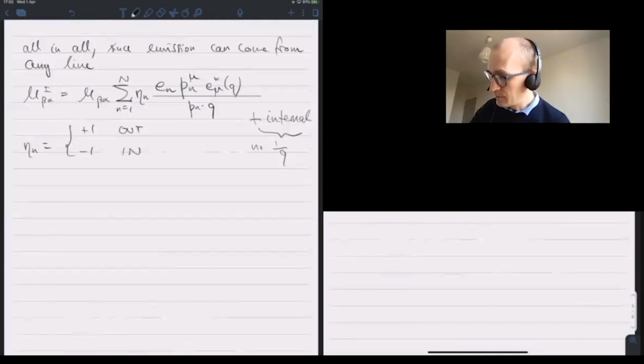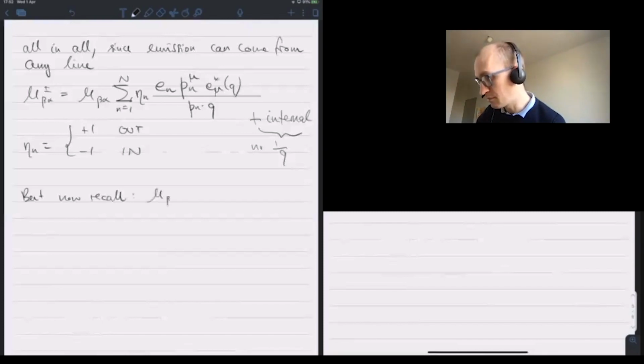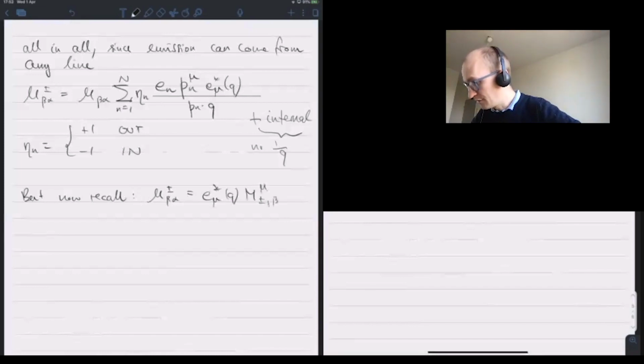But now we're getting somewhere, because now let us recall once more something we know about the amplitude. Well, we know that m beta alpha plus or minus is written as E mu star of Q m mu plus or minus beta alpha, except that now we know precisely what is m mu.